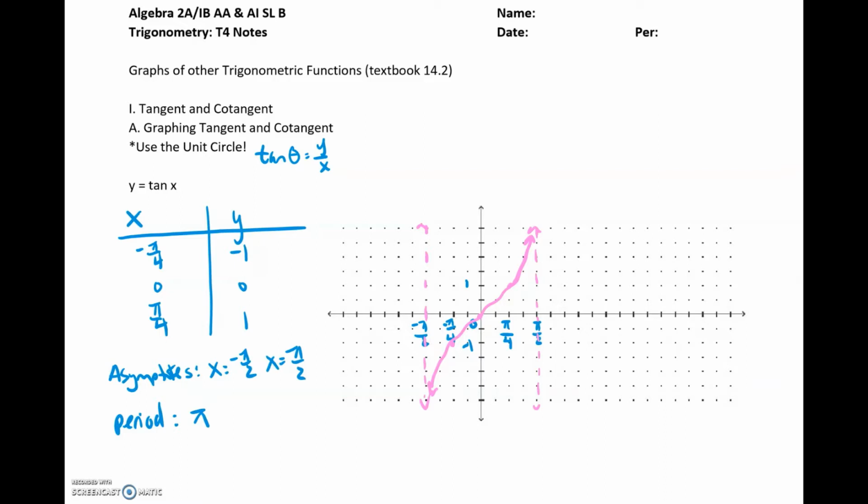So let's keep going. So we're going to get pi there. Oops, sorry, pi is actually the next one over. This should be 3 pi over 4 because I'm going by 1/8. So I'm going to skip 1 and go up by a 4th. So 3 pi over 4. Then pi's here. And then we'll have 5 pi over 4.